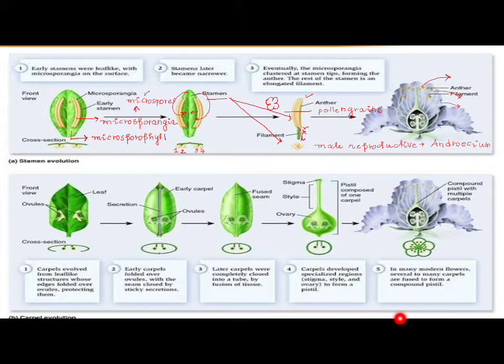The same story with megasporangium. Again I have megasporophyll. So what are megasporangia called? Ovules. Now this also starts modifying by curling inside.